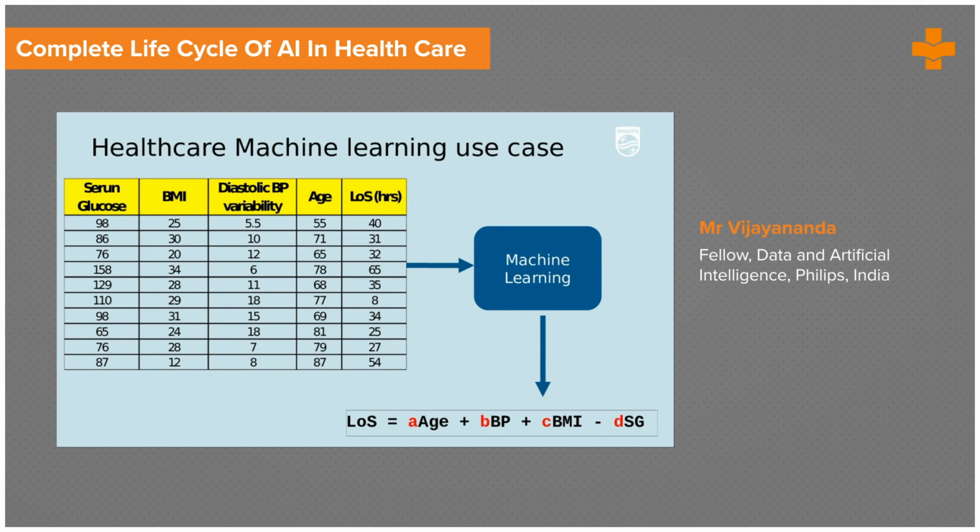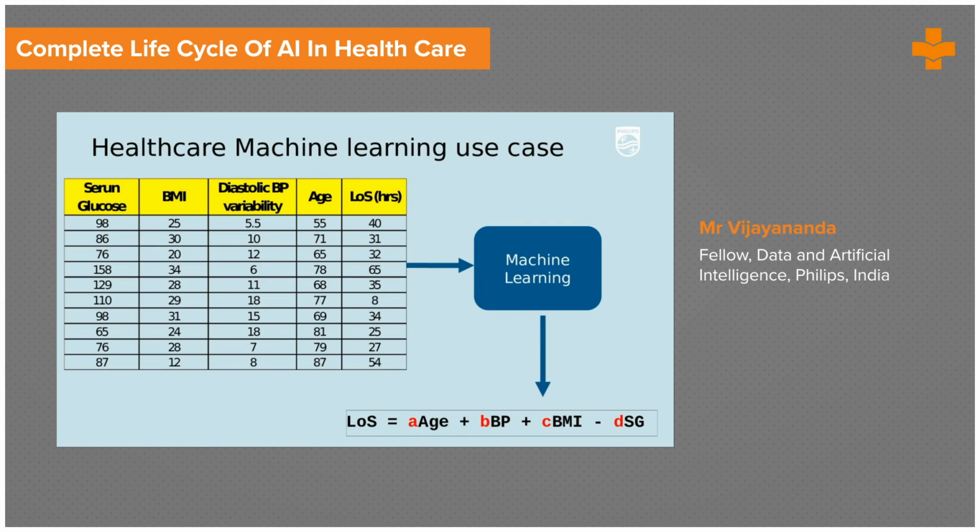If you give it to the machine learning, it can analyze the data and come up with some kind of equation or a relationship between the length of stay and the various parameters, or let's say features. And the ABCD here relates to some kind of coefficients.